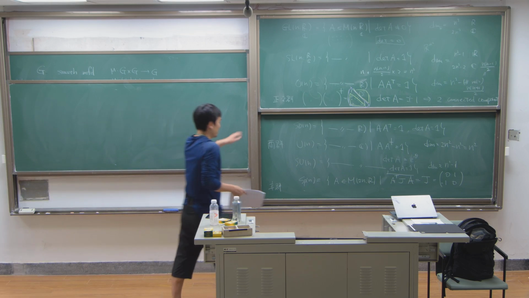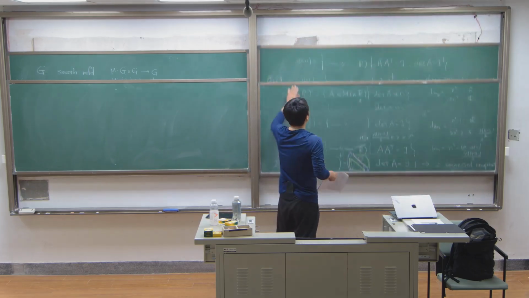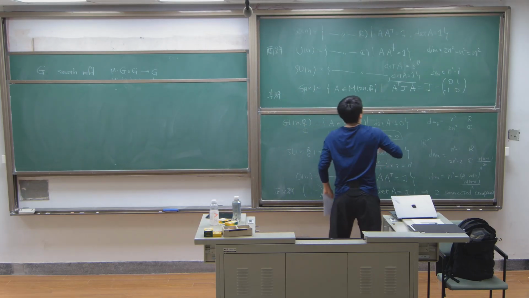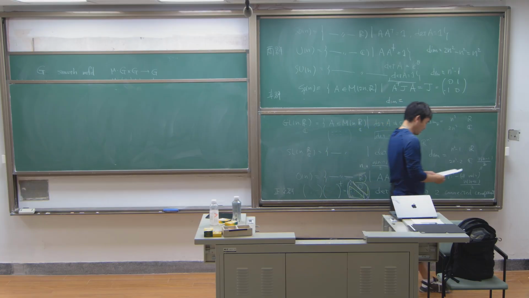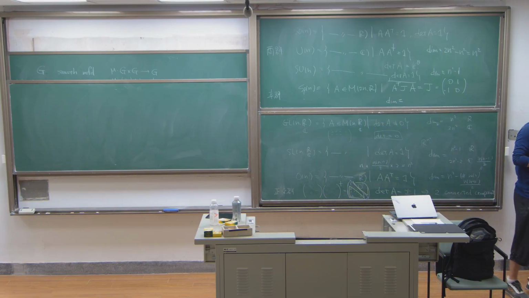And symplectic. What's the dimension? How many relations do you get from the symplectic?